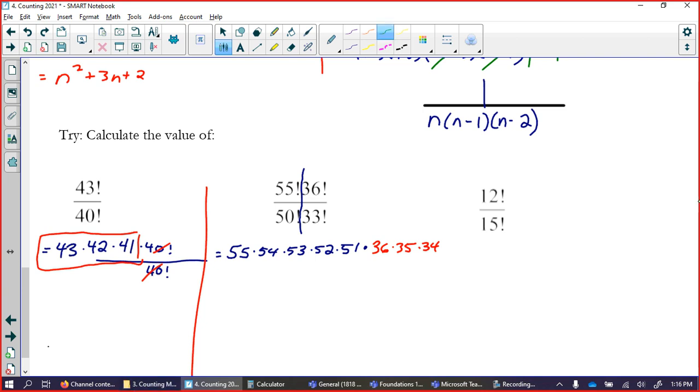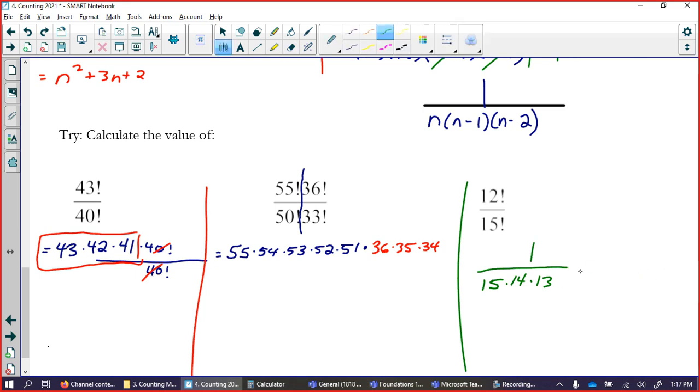We can do them numerically with a fraction like this. Well, if the bigger number's on the bottom, we're going to put 15, 14, 13, and everything after that's going to cancel out. But what's left at the top?